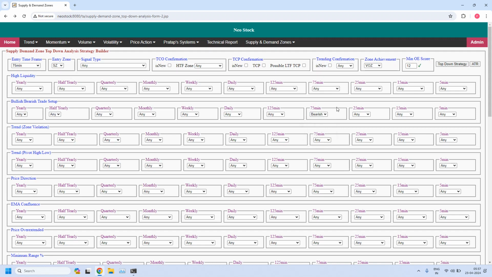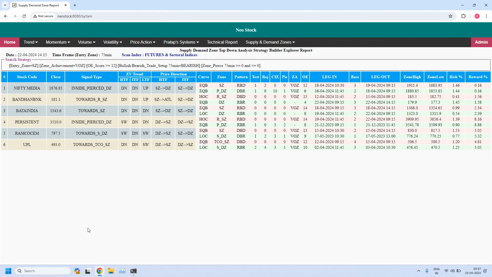And the remaining filters, whatever we set, still remain the same. Now let us generate the report. So these 6 stocks are filtered. So in weekly income trade, these 6 are supporting a bullish trade setup currently.